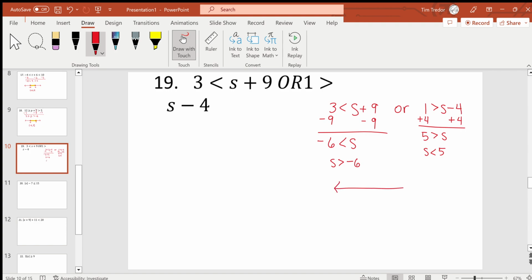All right, this is an OR statement, so it is a union. We're going to bring together all answers greater than -6 and all answers less than 5, which happens to be the entire number line.